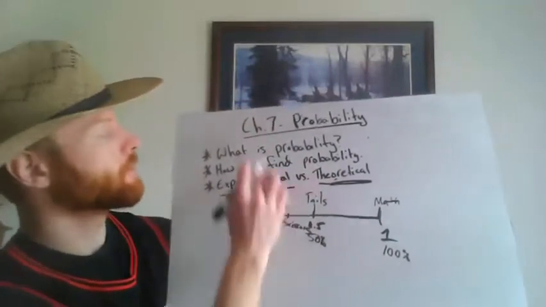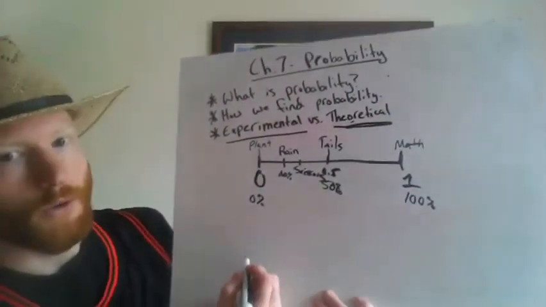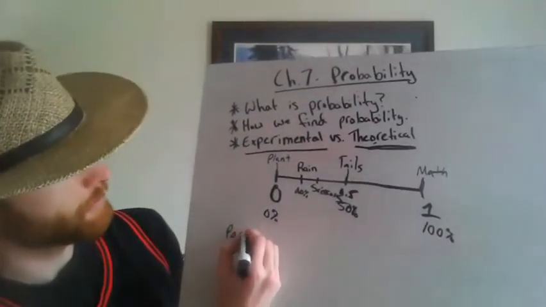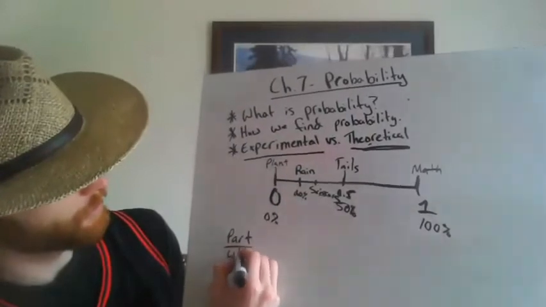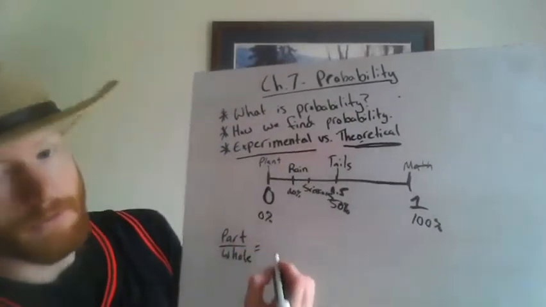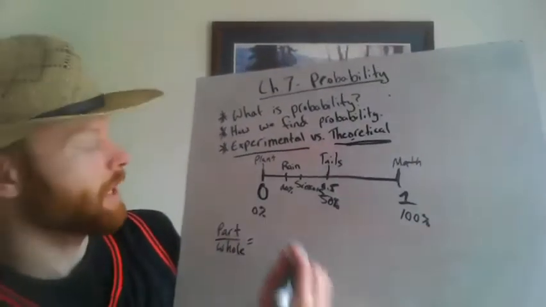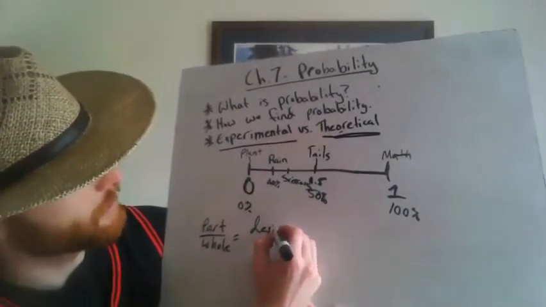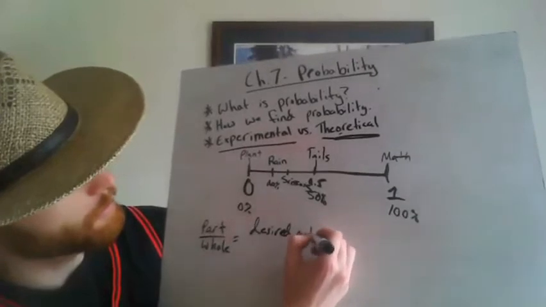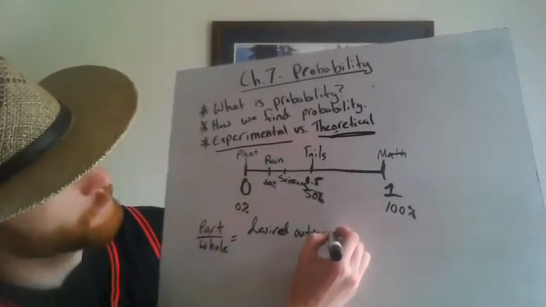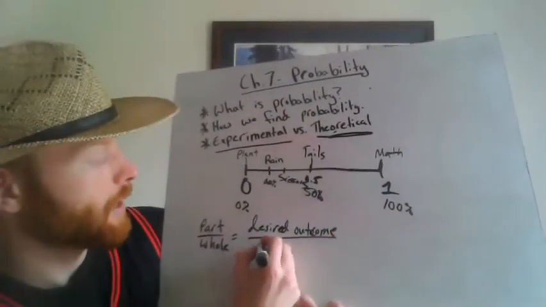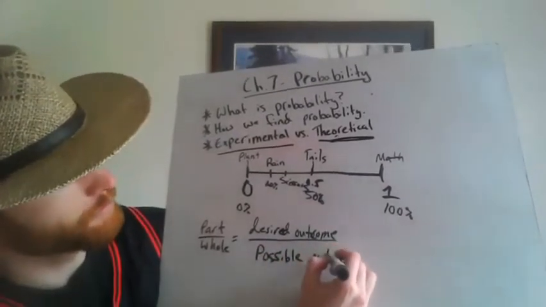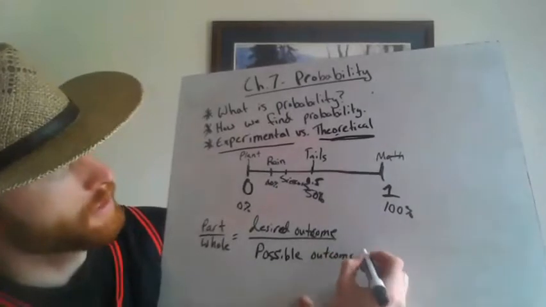So we can see that when we look at how to find probability, as simple as it is, in the most simplified words it is part over a whole. A little bit more descriptive words for that is the desired outcome over your possible outcomes.